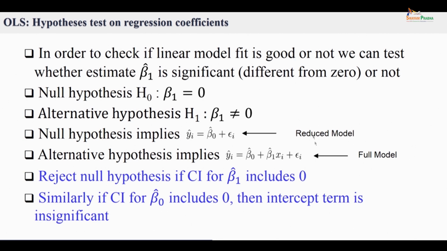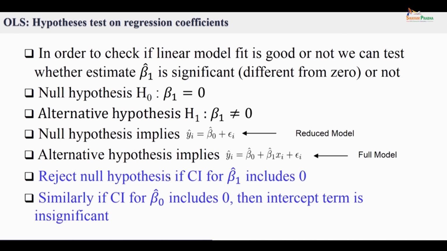Between these two models we want to pick whether the reduced model is acceptable, or the full model should be accepted and the reduced model rejected. That is what we are doing when we test beta 1 equal to 0 versus beta 1 not equal to 0. Remember, beta 1 can be either positive or negative, and that is why we are doing a two-sided test.